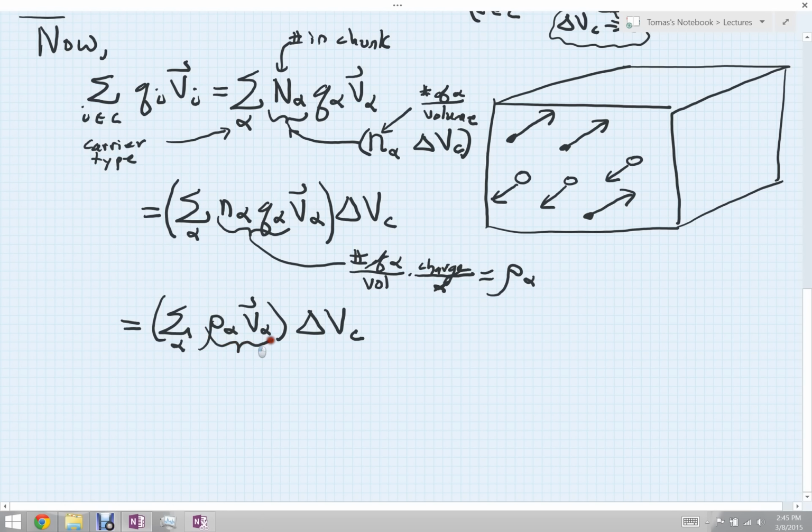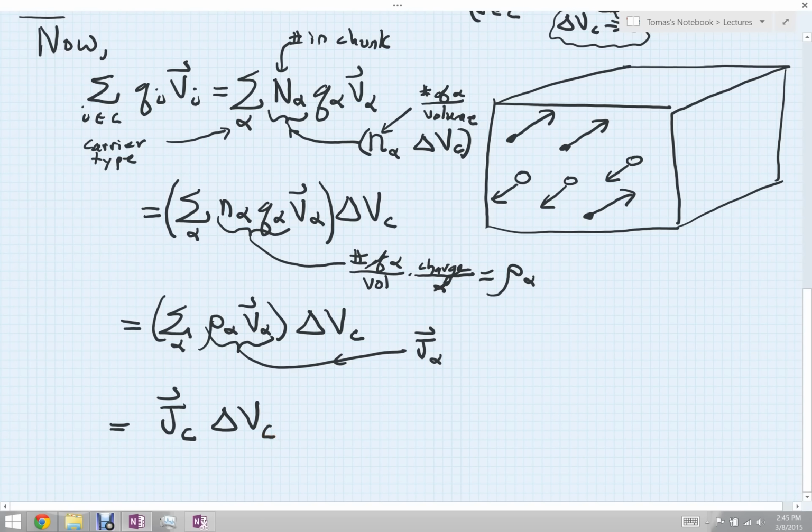So that would just be J sub alpha. And all that I'm doing is adding up all of the current densities from these various types of charge carriers. This whole thing is nothing other than the total current density associated with the chunk. So I would call this capital J sub C, the total current density in the chunk, times the volume of my chunk.